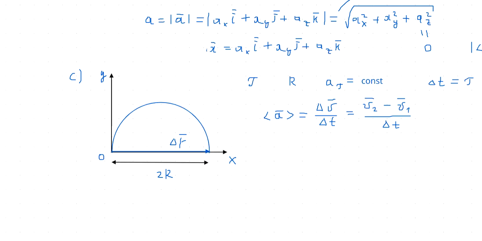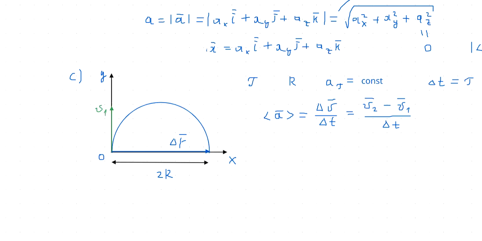And it means that at the initial point, velocity will be here, v1.